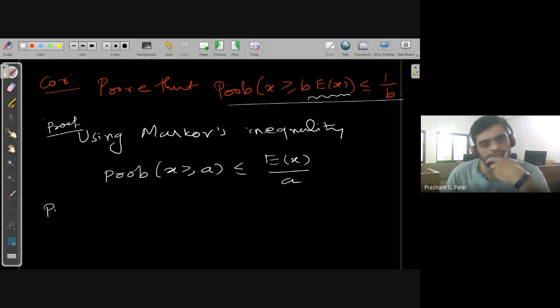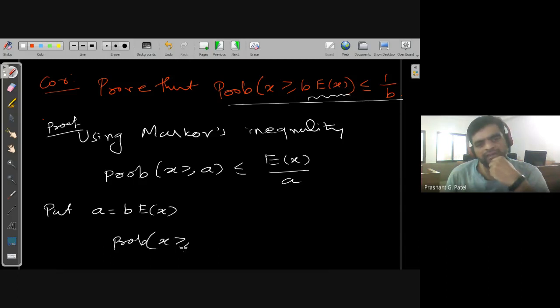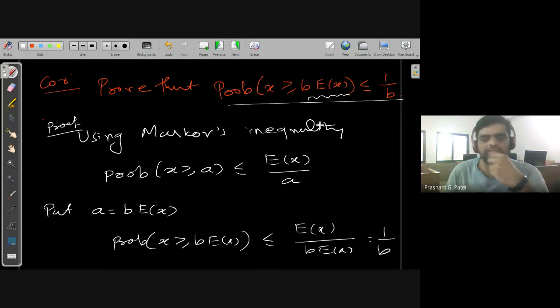So just put a equal to b into the expected value of x. That leads to the probability of x greater than or equal to b into the expected value of x is less than or equal to the expected value of x upon b into the expected value of x, and that gives 1 upon b. So it is straightforward. By just putting in this value of a, we get this.